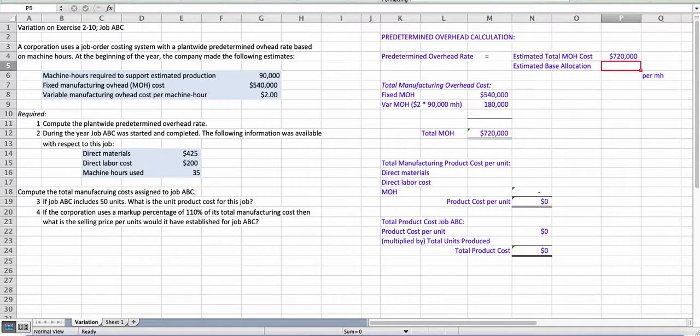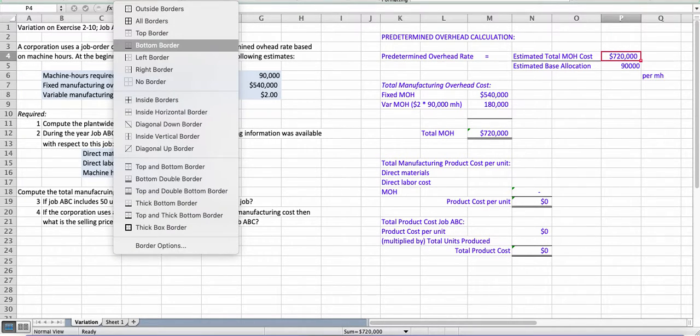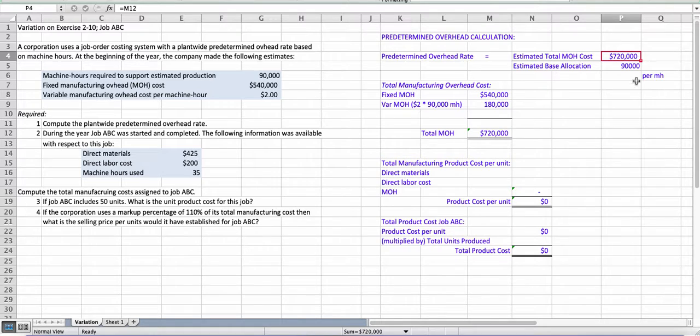Now the estimated base allocation is right here, machine hours required to support the estimated production, 90,000. So let's put that there. I'm going to put a line so you can see the dividing line. I don't have a dividing symbol.